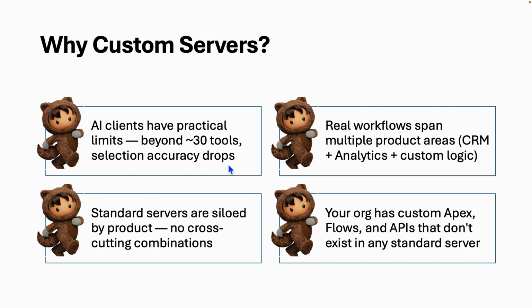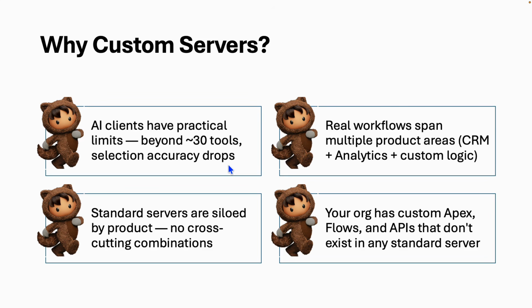Research and real-world experience show that once you go beyond roughly 30 tools, the AI starts struggling to pick the right one for a given task. Think about it from the AI's perspective. If you give it around 200 tools and the user says, show me this quarter's pipeline, the AI needs to scan all those 200 tool descriptions and figure out which one to call. The more tools, the more confusion, and definitely the more errors.